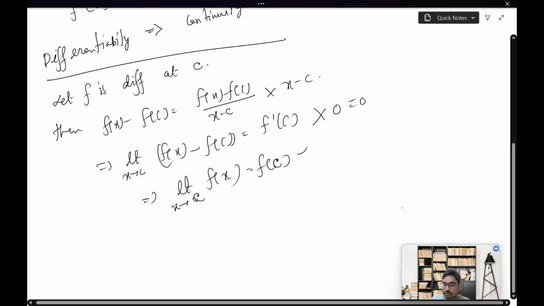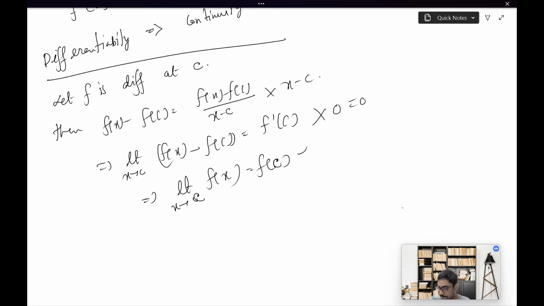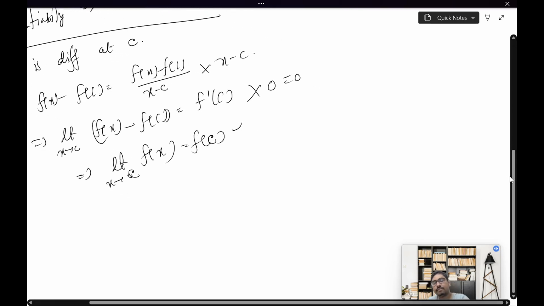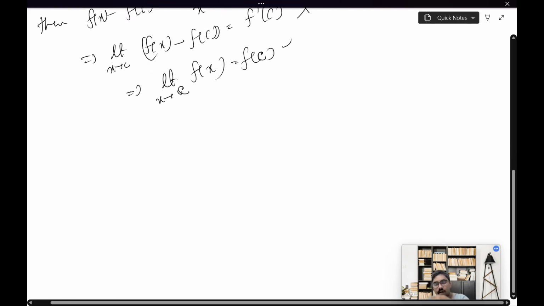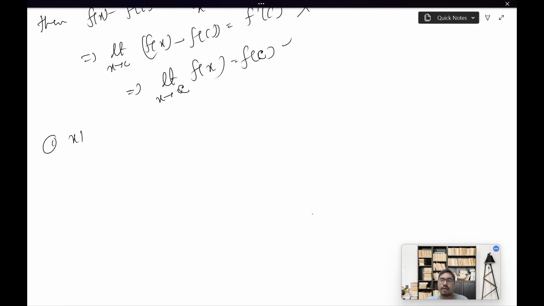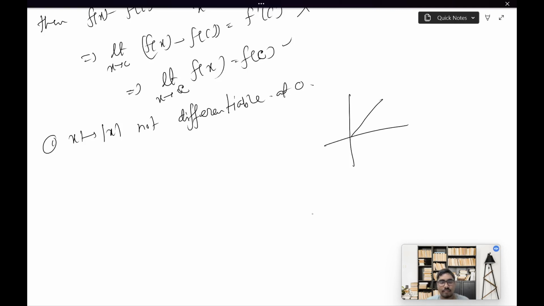This is one of the very important properties that we should remember. So the first example which usually comes is that x goes to mod x is not differentiable. How to guess it intuitively: since at the point 0 there is a sharp edge, that's why it is not differentiable.